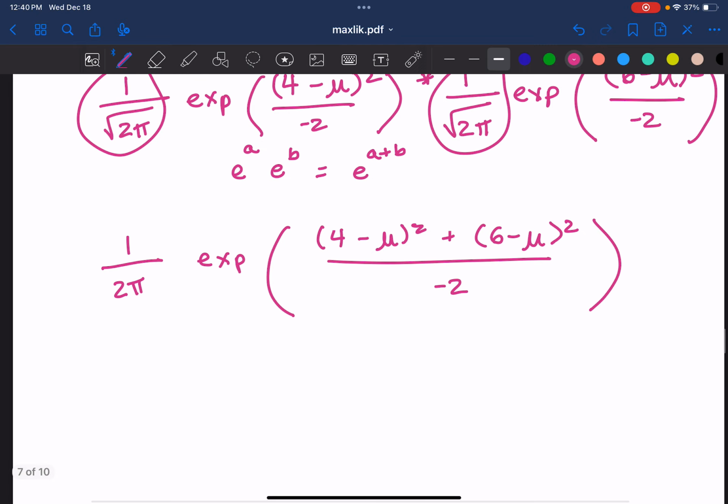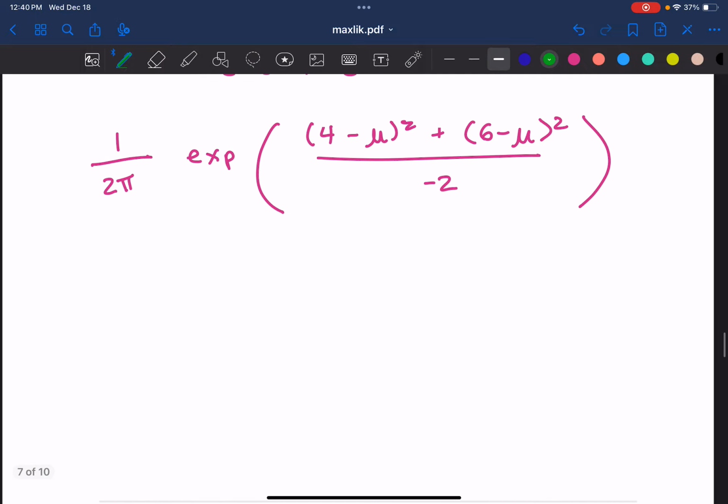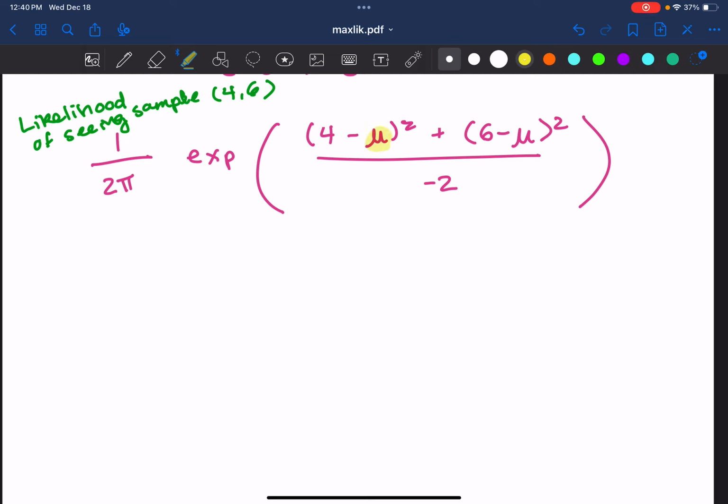Things are getting a little bit hairy, so I'm going to use a trick. But before I introduce that, this again is the likelihood of seeing the sample 4 and 6. And then we want to choose mu. Mu shows up here and here.